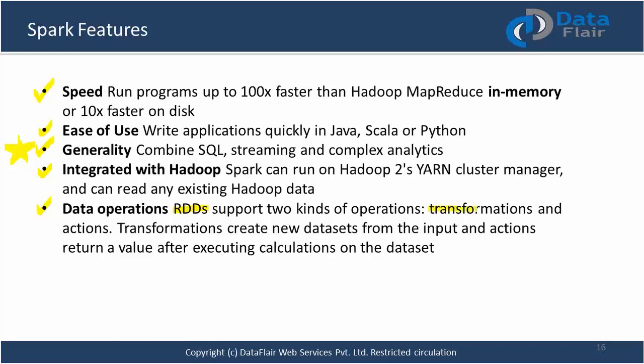Transformation, that is transformation of data from one format to another. Transformations create new data sets from the existing one. And second is action. Guys, action is the actual computation. Action is the actual calculation which returns a value, which returns the result.